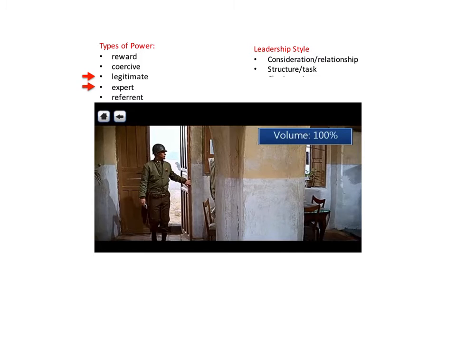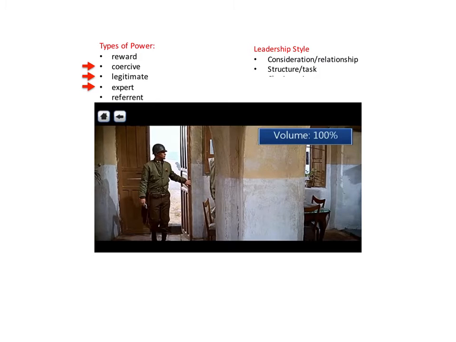I think everyone in the Army at the time, during World War II, recognized General Patton as an expert. Will he add reward or coercive power to his leadership toolkit? As you'll see in this video clip, he chooses to add coercive power.